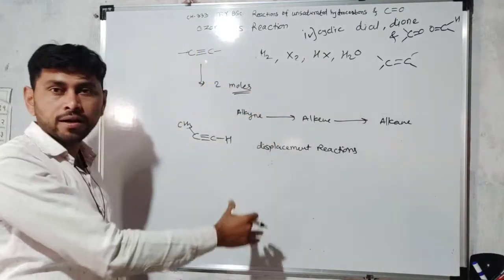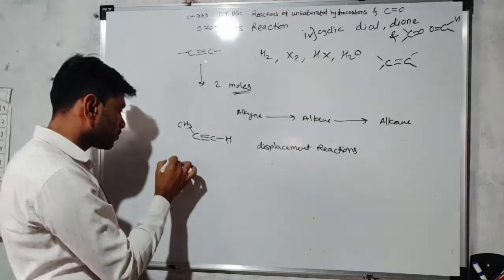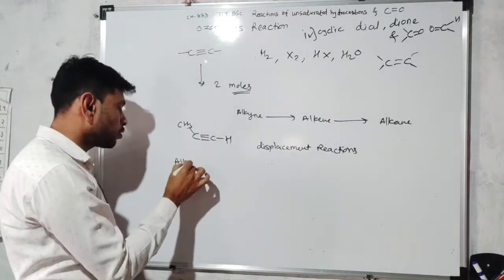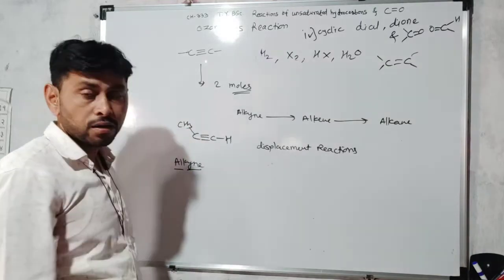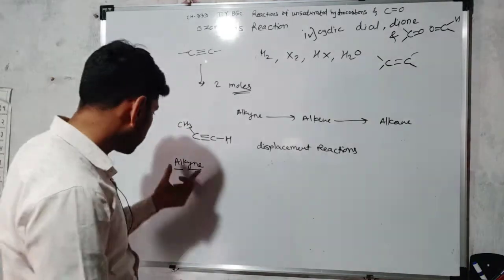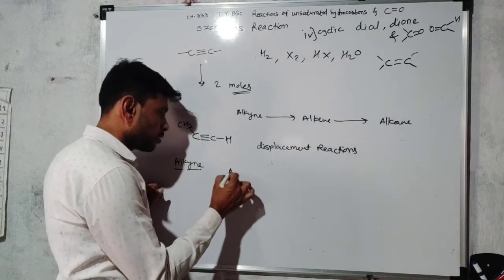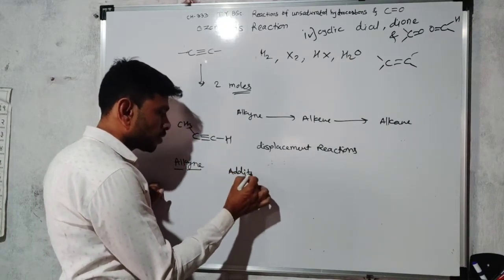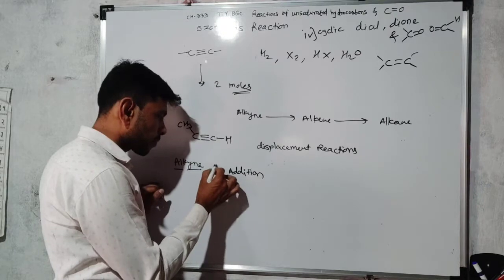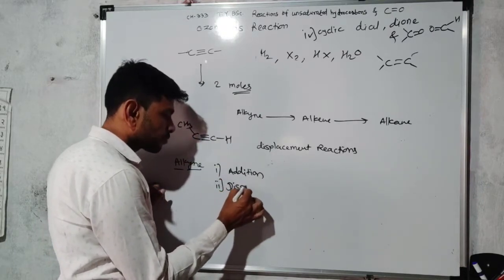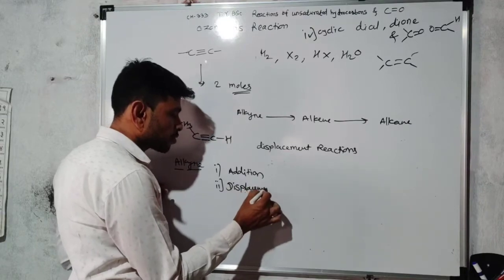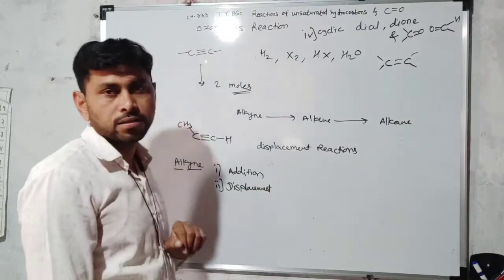So what is the overall analysis? The overall analysis says that alkynes undergo 2 types of reactions, whereas alkanes undergo only 1 type. First is the addition reaction, which is possible with alkynes, and also the displacement reaction. The displacement reaction is possible with terminal alkynes.